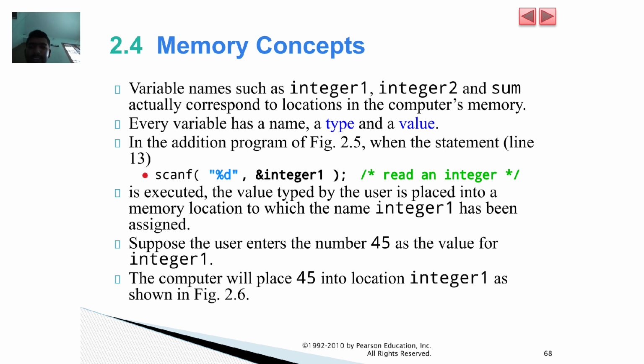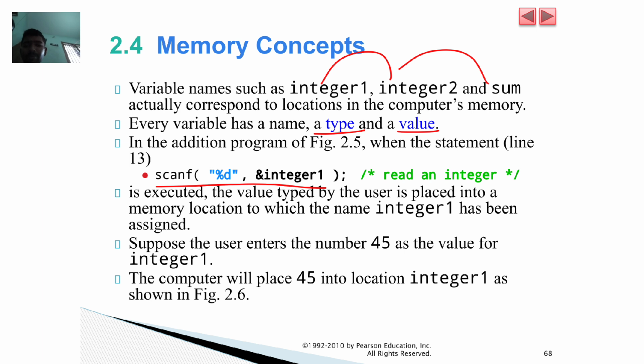The memory concept. The variables integer1, integer2 and sum are corresponding locations of the computer. Every variable has a name and a type. Here the type is integer and the names are integer1, integer2 and sum. The values they store are positive or negative integers only.